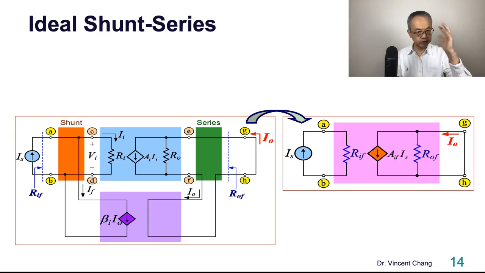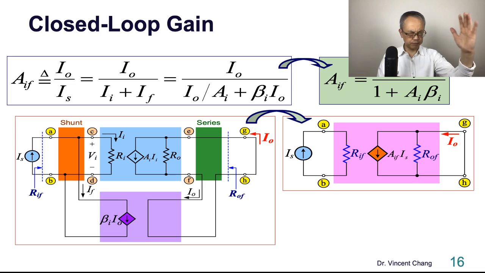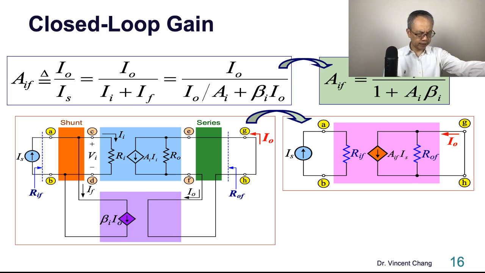In the ideal case, there is no resistance between G and H. Because it's the ideal case, it's equivalent to the ideal structure. So there will be no surprise. This relationship is still true. The relationship between open loop gain and closed loop gain remains the same.